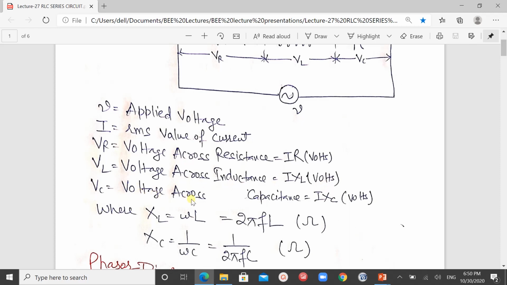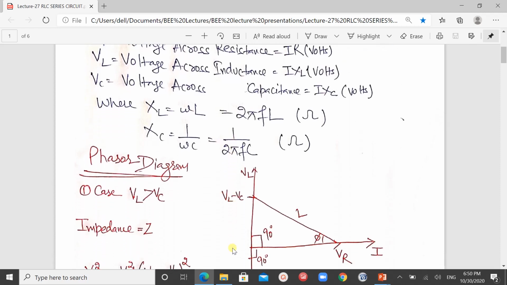VC is the voltage across capacitance, I into XC, and units are volts. Now we know that XL is equal to omega L, which can be written as 2 pi FL, and XC is equal to 1 by omega C, which is 1 upon 2 pi FC.